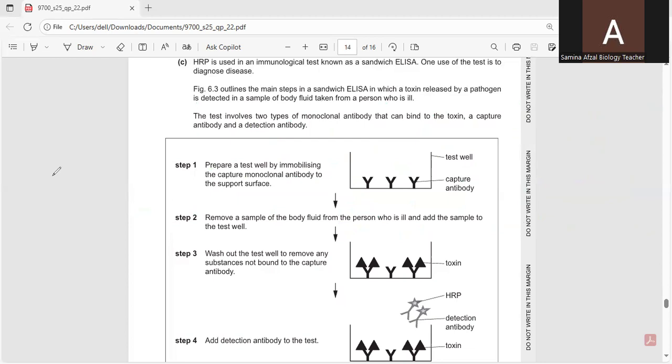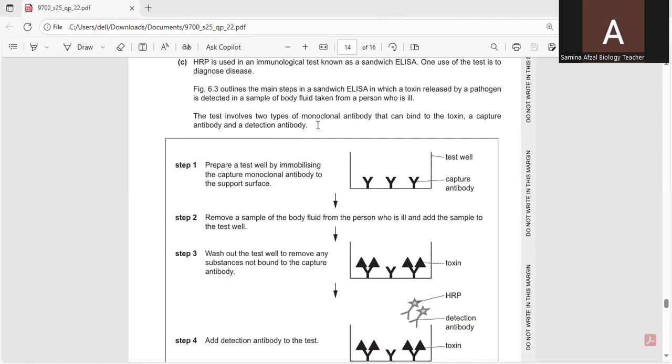Figure 6.3 outlines the main steps in sandwich ELISA, in which a toxin released by a pathogen is detected in a sample of body fluid taken from a person who is ill. The test involves two types of monoclonal antibodies that can bind to the toxin: a capture antibody and a detection antibody.